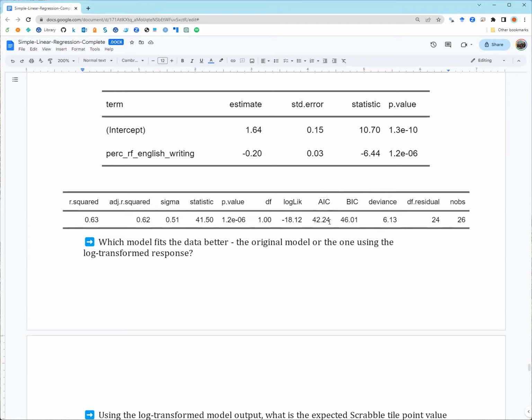In general, a lower AIC and BIC value is desirable for a model. So a model is preferred if it has a lower AIC or BIC value. I'll write that down.